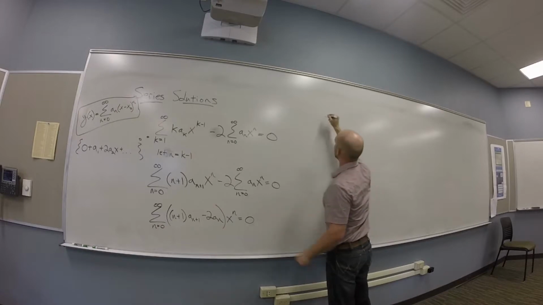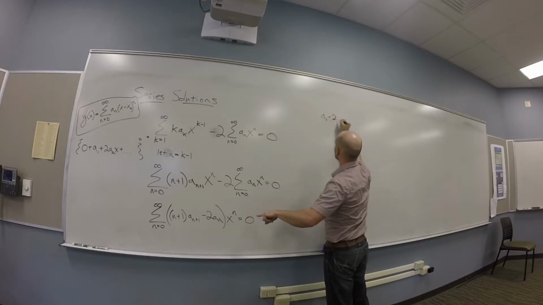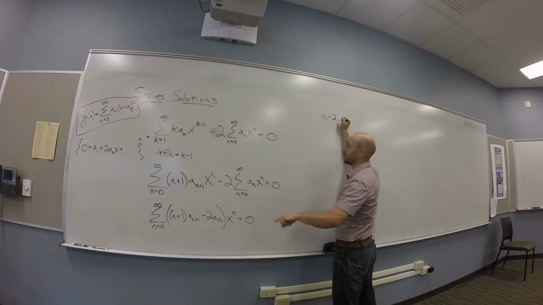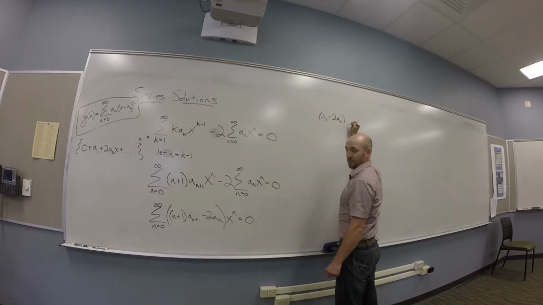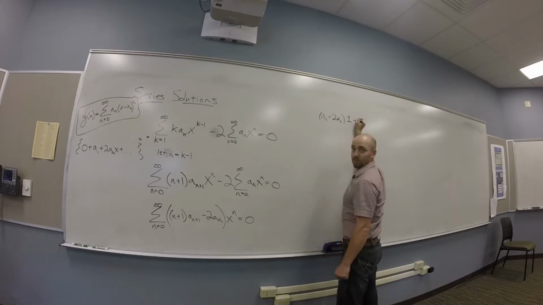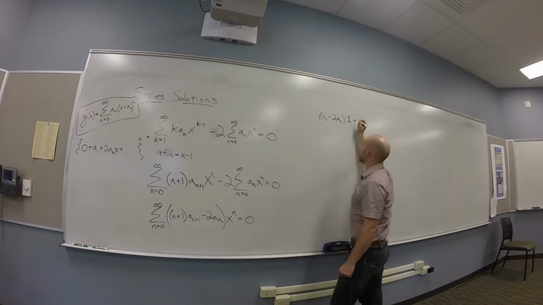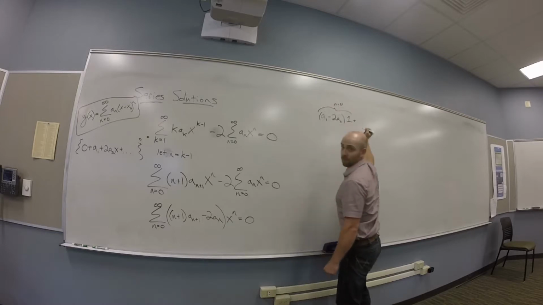I think I got 1 a1 minus 2 a0, times 1, x to the 0 is 1, plus, right, so this whole business is the n equals 0 term.